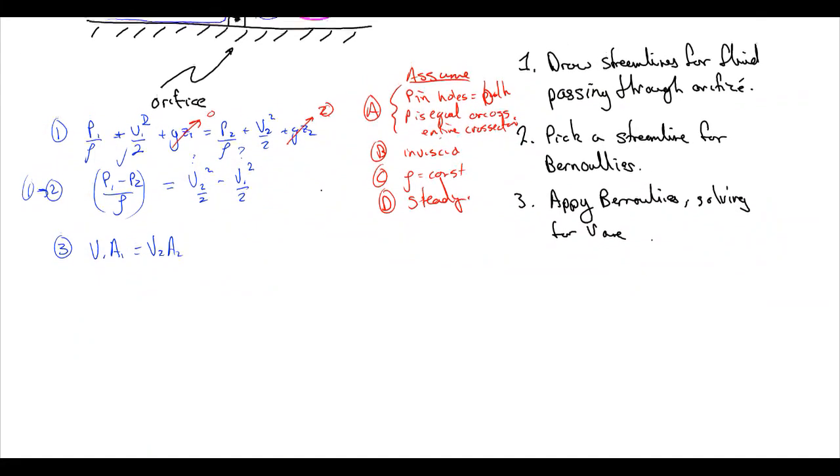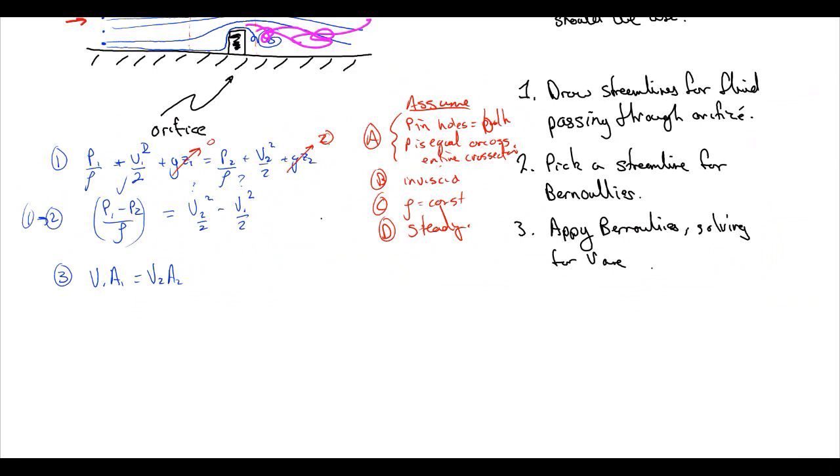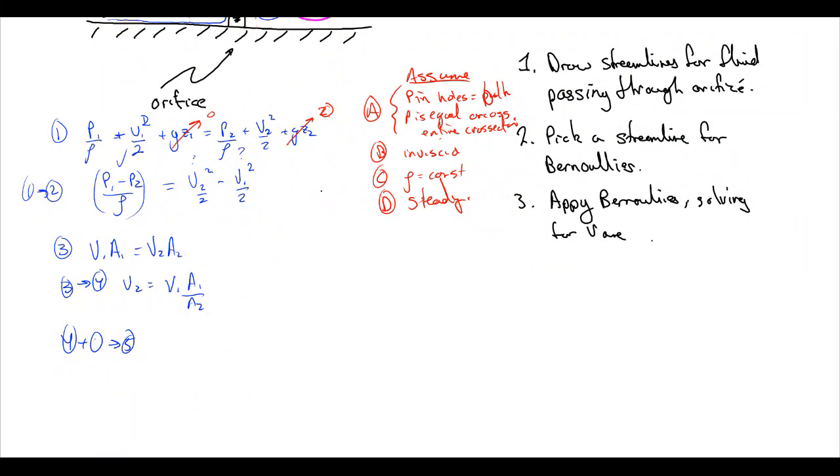All right, so we're going to solve for V2 in this case. 3 to 4. V2 is equal to V1 A1 over A2. Excellent. We're going to plug equation 4 into equation 2. So 4 plus 2 gives us equation 5.